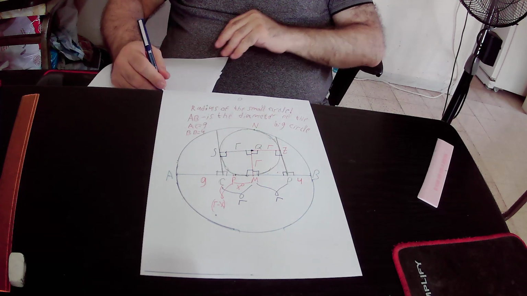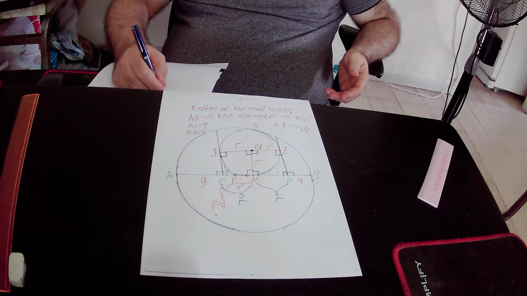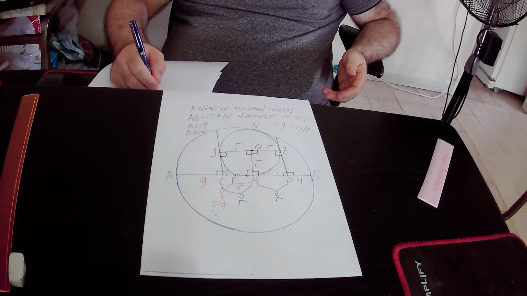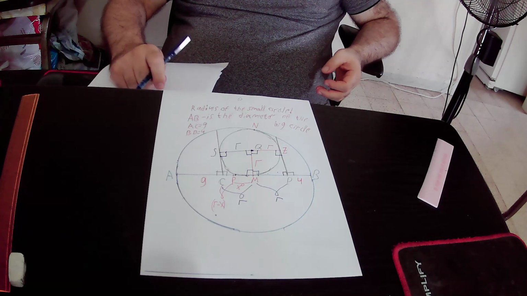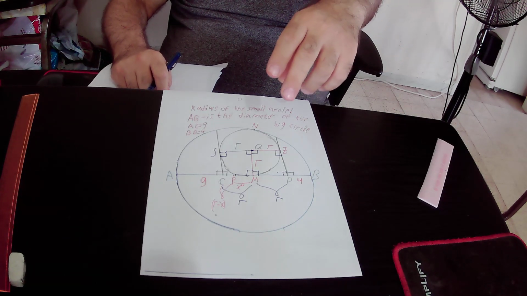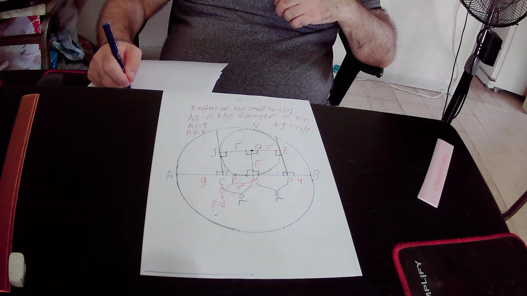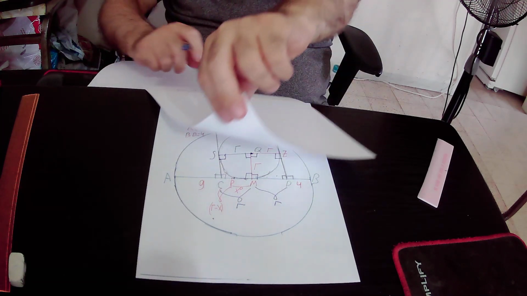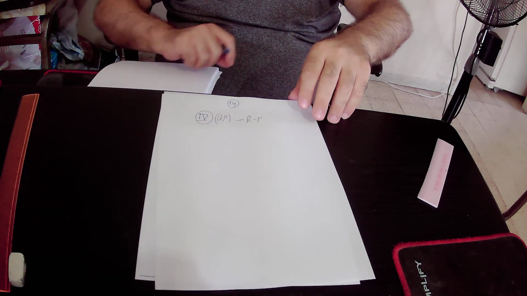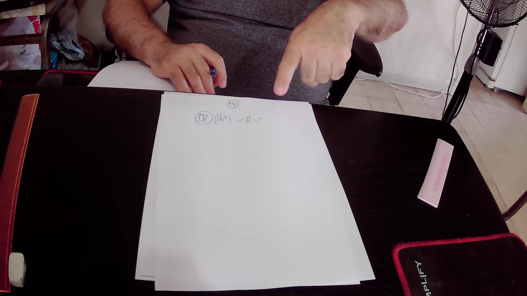So, according to rule number 5, QP, that is the distance between their centers, will be equal to the difference between the radiuses. The difference between the radiuses is capital R minus small r. Okay, so according to rule number 5, QP equals capital R minus small r.